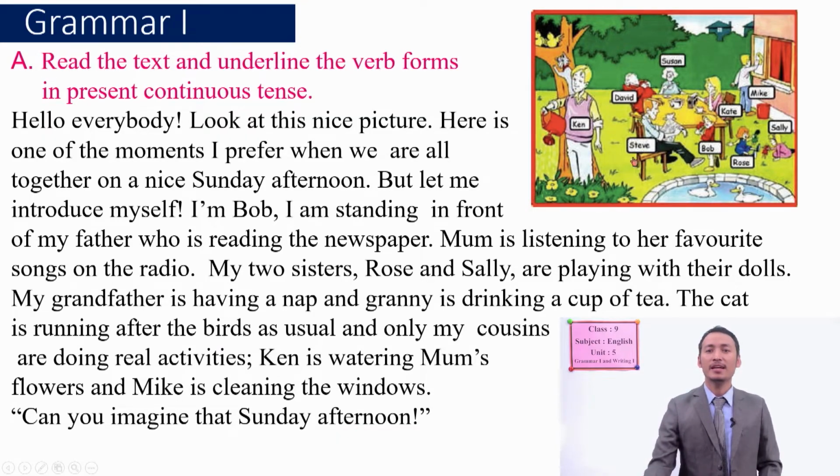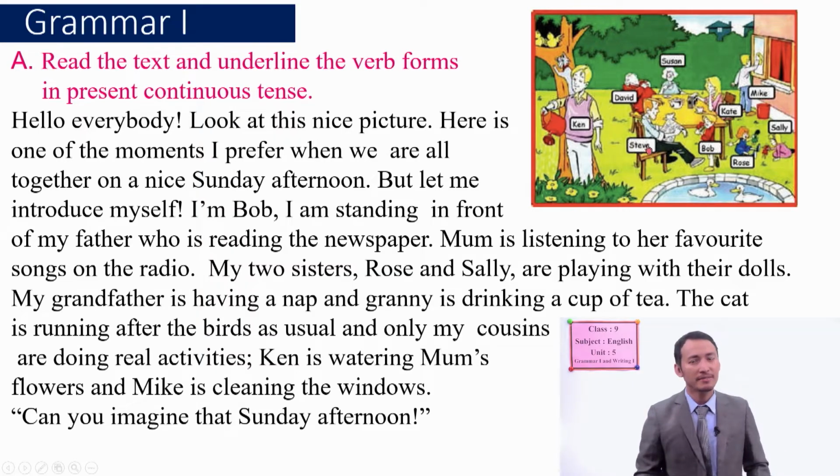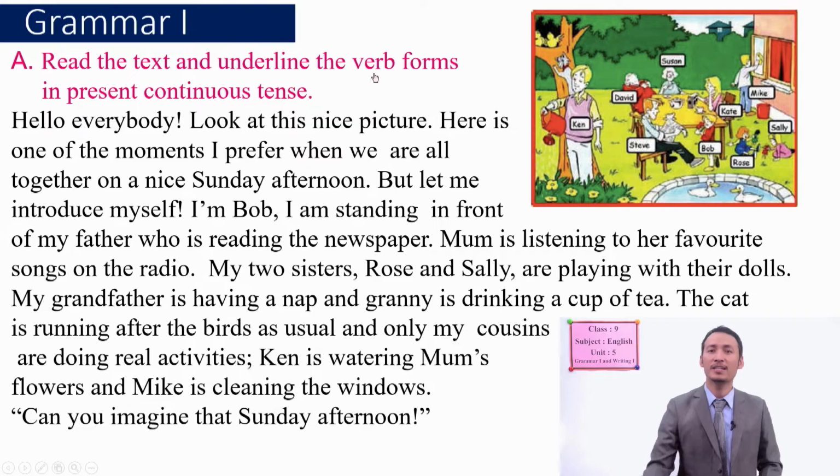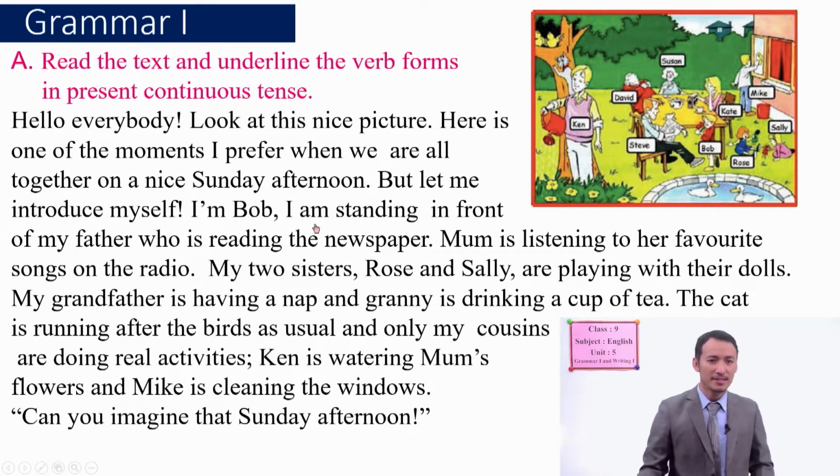Okay students, as we have described, here are the actions going on, different activities, and there is the description. Now you have to find out the forms of the verbs here. That is present continuous tense. Can you identify which are those sentences here?